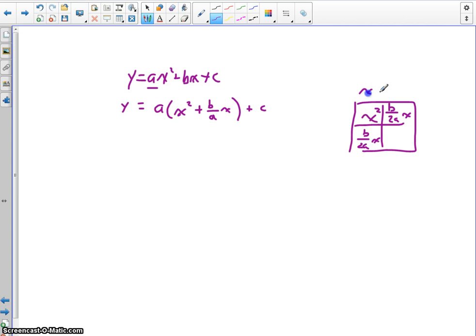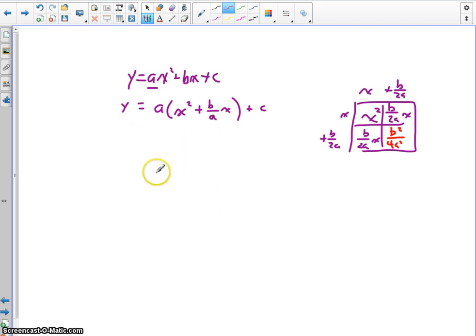So I get x plus b over 2a, times x plus b over 2a. If I multiply these together to get a perfect square, I have b times b, which is b squared, and 2a times 2a for the denominators, which is 4a squared. So then I have to add b squared over 4a squared and subtract b squared over 4a squared, and then simplify from there.